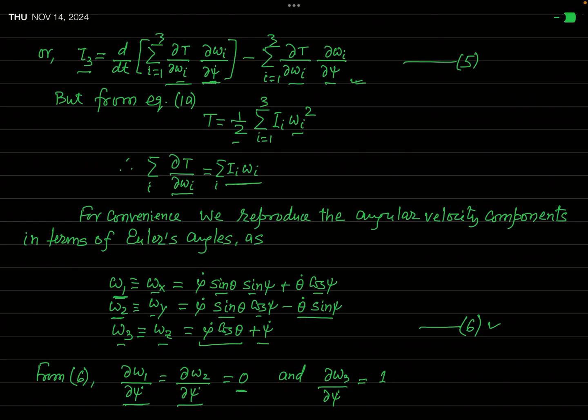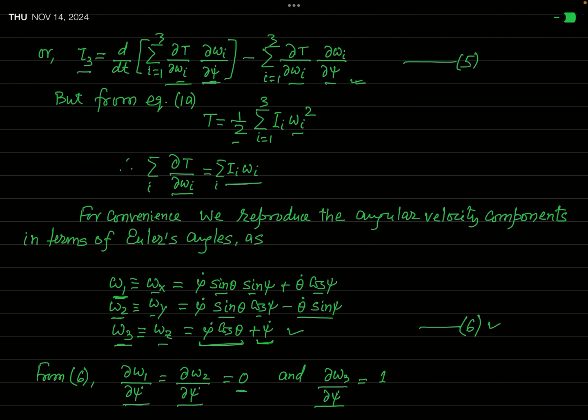Have you understood? Definitely you have understood. Now, see the expression for omega 3. Omega 3 depends explicitly on psi dot, because in the expression of omega 3 you can see psi dot is present. So del omega 3 by del psi dot, what will that be? Since the first term is independent of psi dot, its derivative will be 0.